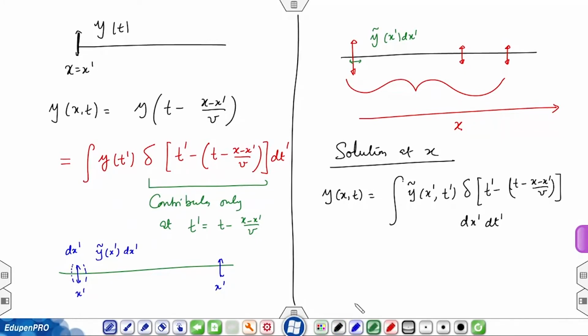Notice that retarded time is different for different x primes.